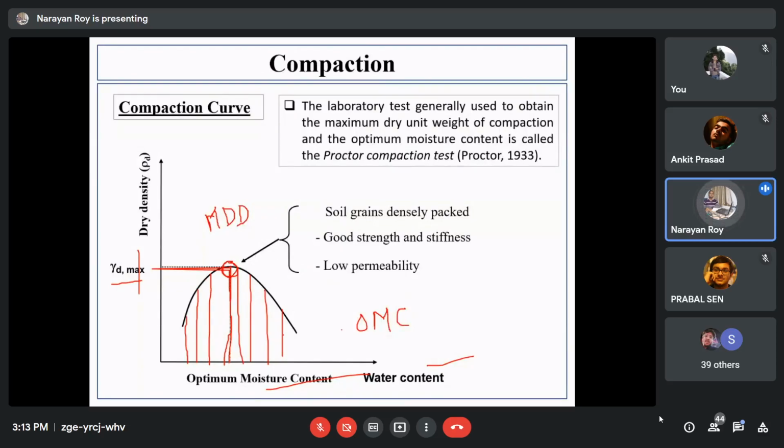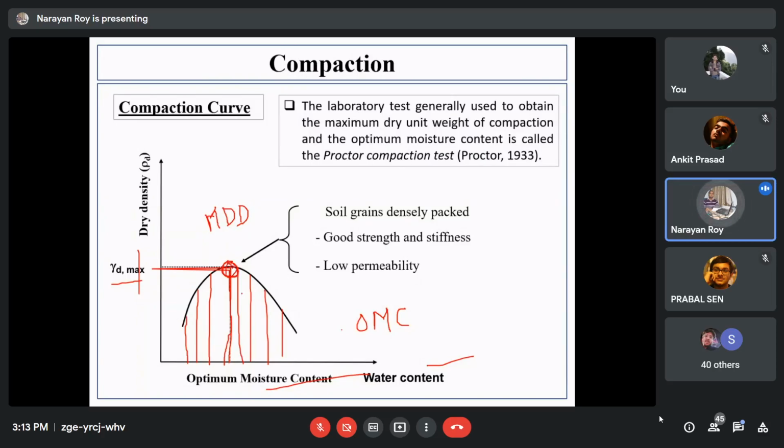So why is this kind of phenomenon happening? Let me try to explain it from the lubrication theory. Once you add a lower amount of water, it will have a certain lubrication effect. If you keep on increasing the water content, that effect will contribute more, and gamma d max will also increase until it reaches a maximum value at this point.